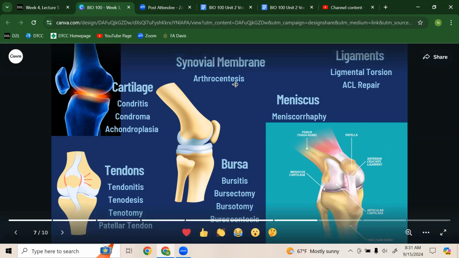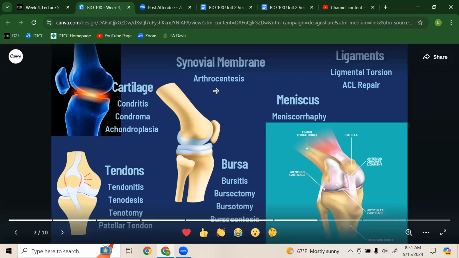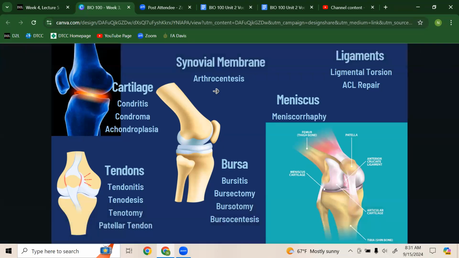Okay, the synovial membrane, this is what surrounds our diarthroses, our diarthritic joints, our knees and our shoulders. They have a synovial membrane around them that secretes synovial fluid, which is kind of like an oil or lubricant for our joints so that it prevents friction and they can move around much more easily.